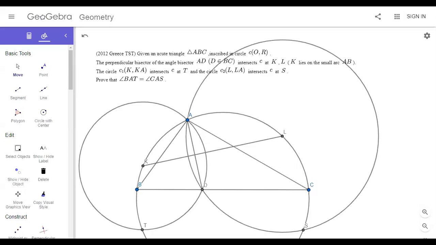Oh, that's the circle with center K and radius KA.